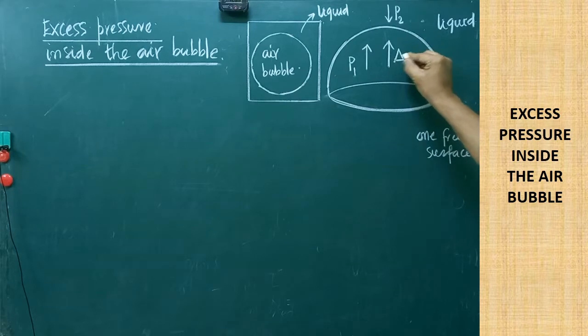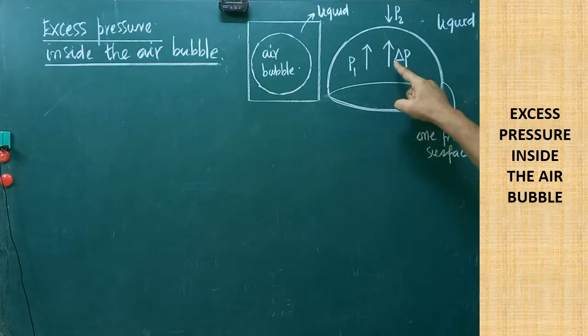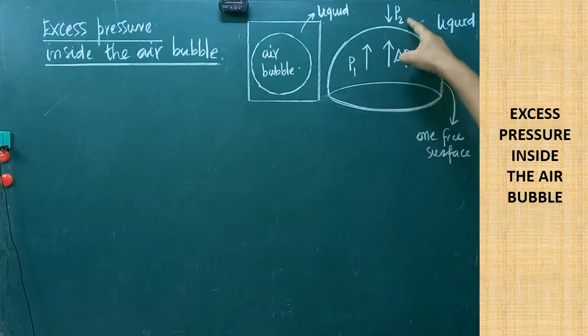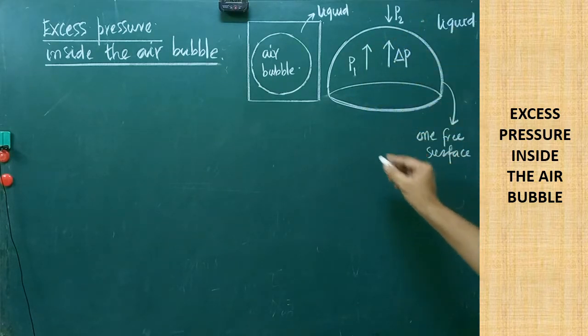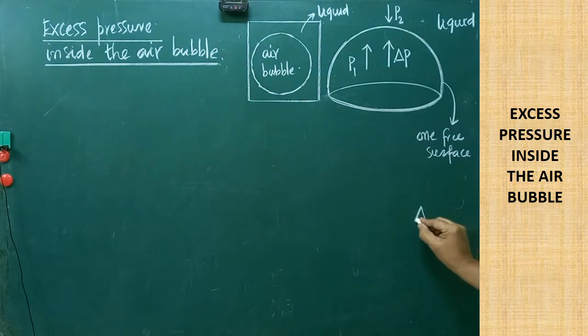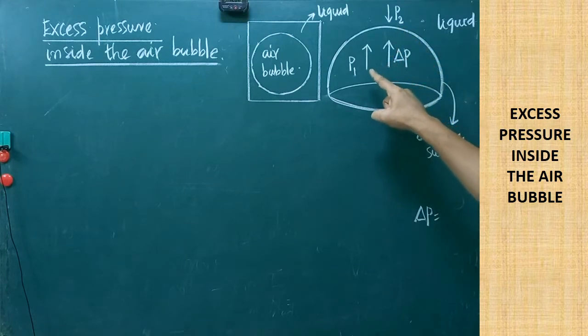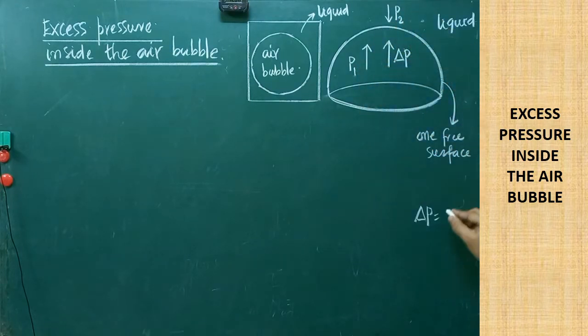Therefore, what is del P? Del P means the excess pressure that is acting only on the concave surface. That you should not forget. So it shows that P1 is dominating and P2 is less. So del P can be written as, since del P is acting in this direction and P1 must be greater than P2, P1 minus P2.